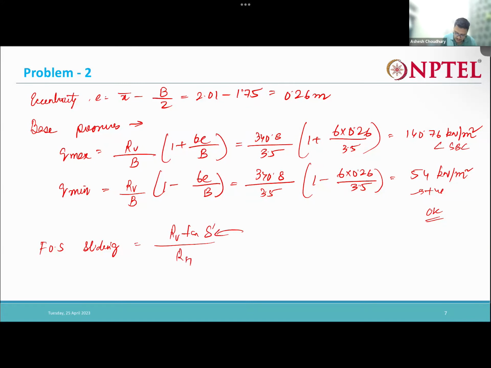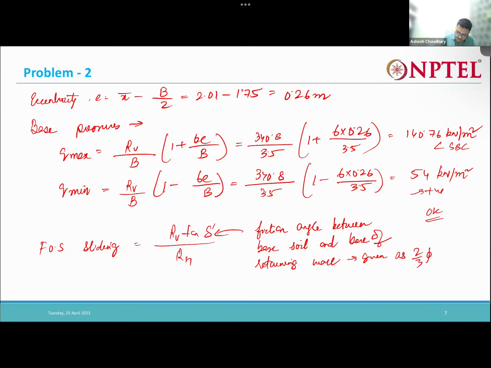So this is the friction angle between base soil and base of footing, given as 2 by 3 of phi.